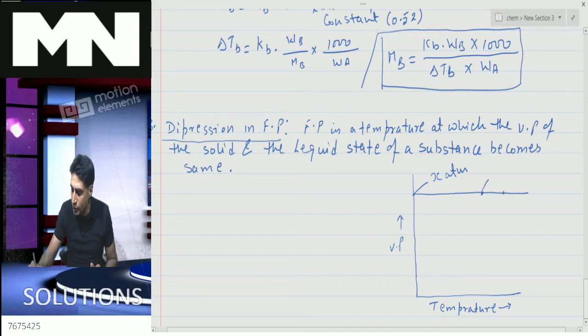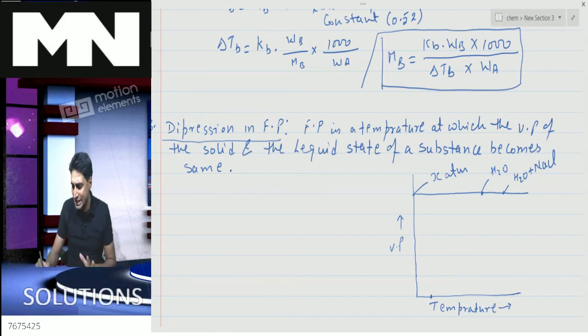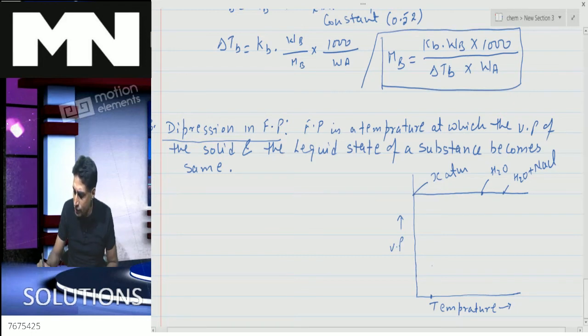So this point is representing pure water, whereas this point is representing water plus NaCl. Now here at any temperature, let it be minus 10 degrees Celsius, I have got a sample of ice at this temperature.